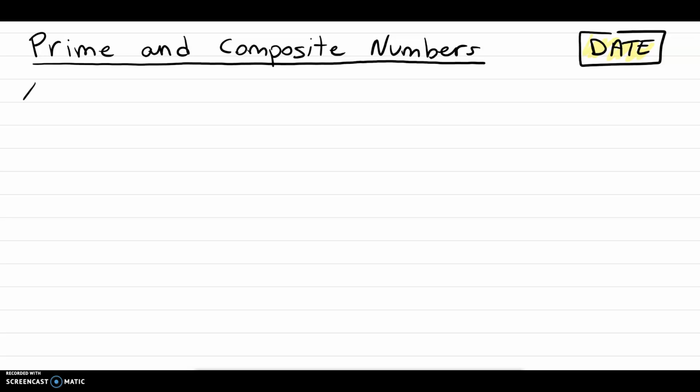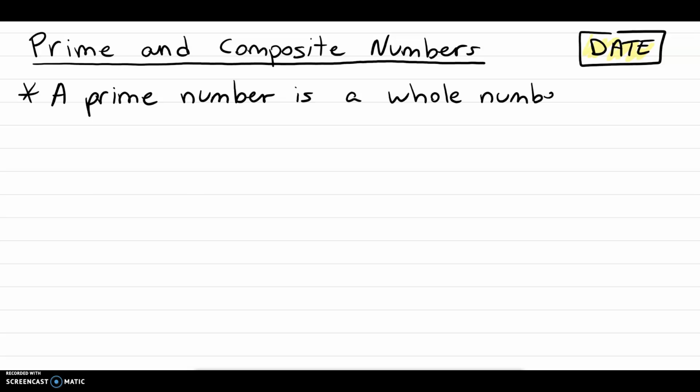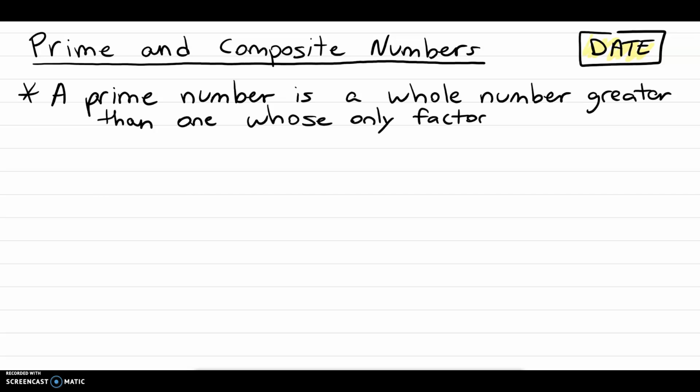All right, first things, let's define what a prime number is. A prime number is a whole number greater than 1 whose only factors are 1 and itself.